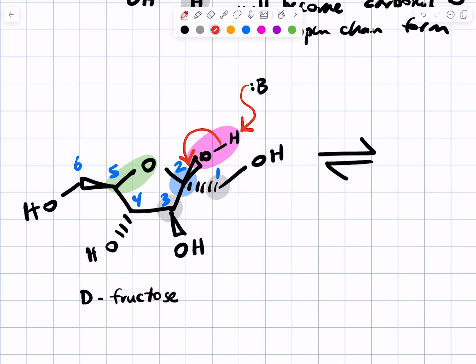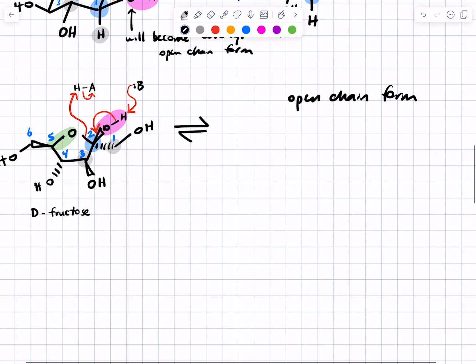Then who leaves? Green oxygen leaves. And as it's leaving, it will pick up a proton from some acidic group. Could be water, could be an enzyme depending on the situation. Then drawing the open chain form, we just keep everything else in the exact same place.